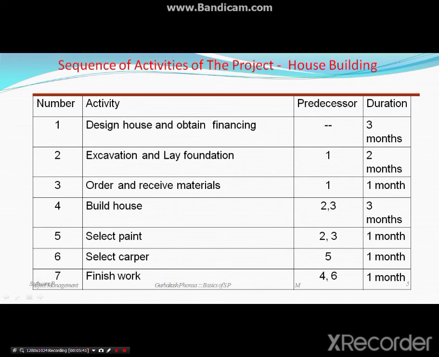How is that? That is the meaning of predecessor. Predecessor means the previous activity. Previous to activity 2 is activity 1, and previous to activity 3 is also 1. Whatever activity is in the predecessor column, after 1 finishes, 2 will start, and after 1, 3 will start.